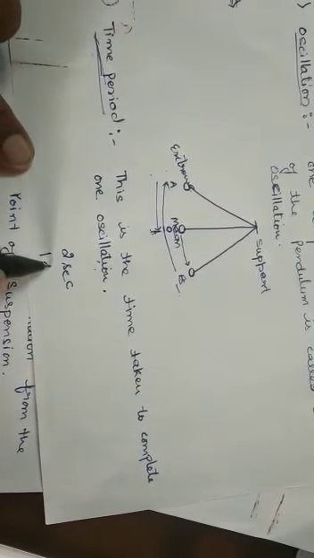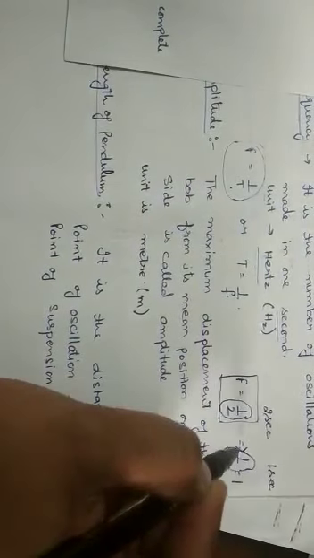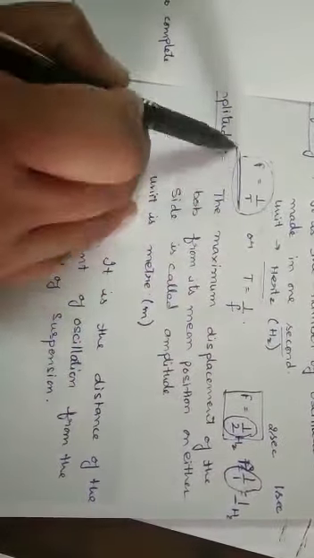It means half an oscillation per second. If the simple pendulum has a time period of 1 second, then frequency is 1 by 1, so frequency is 1. So if our time period is decreasing, the number of oscillations is increasing. When it has a 2 second time period, frequency is 1 by 2. But when it has a 1 second time period, frequency is 1. So frequency and time period are inversely related to each other.